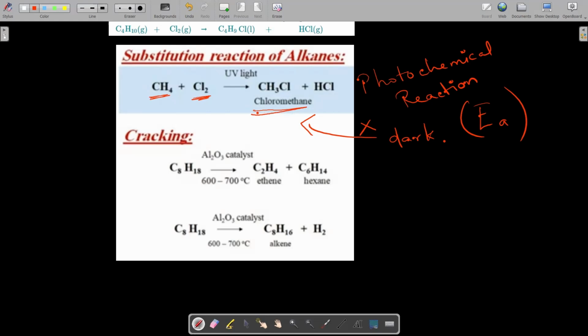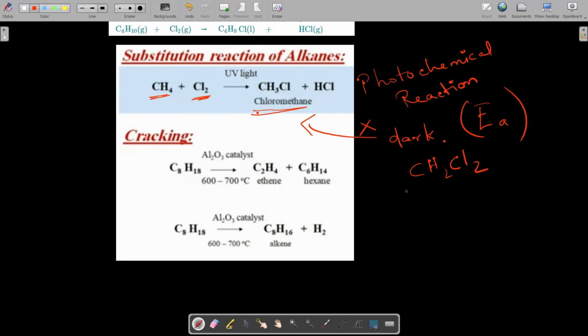The reaction can continue further as more hydrogen atoms are substituted. So compounds such as dichloromethane, trichloromethane, tetrachloromethane, all these can be formed if the reaction continues in the presence of UV light. You can have CH2Cl2. So this is dichloro.